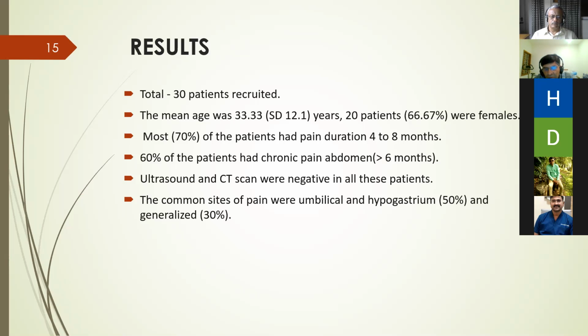In all these patients, ultrasound abdomen and CT scan were negative. The most common site of pain was the umbilical and hypogastric region in 50% of the patients, and generalized abdominal pain in 30% of the patients.